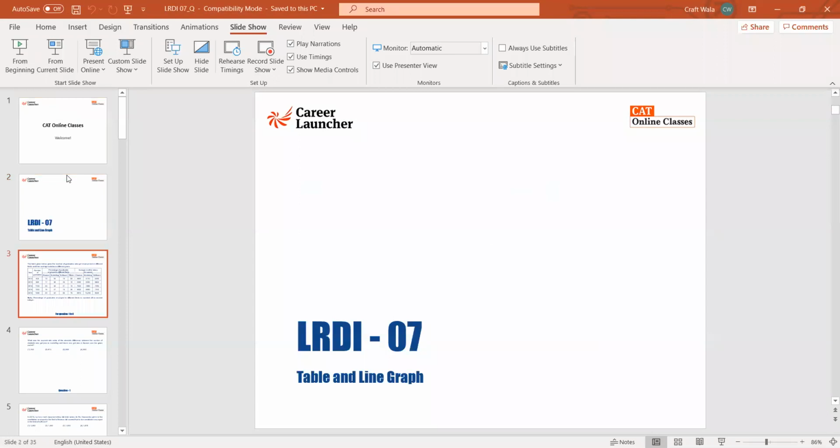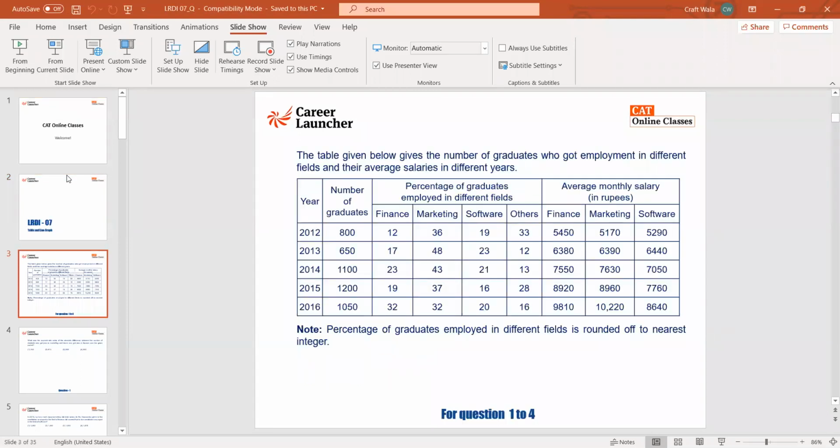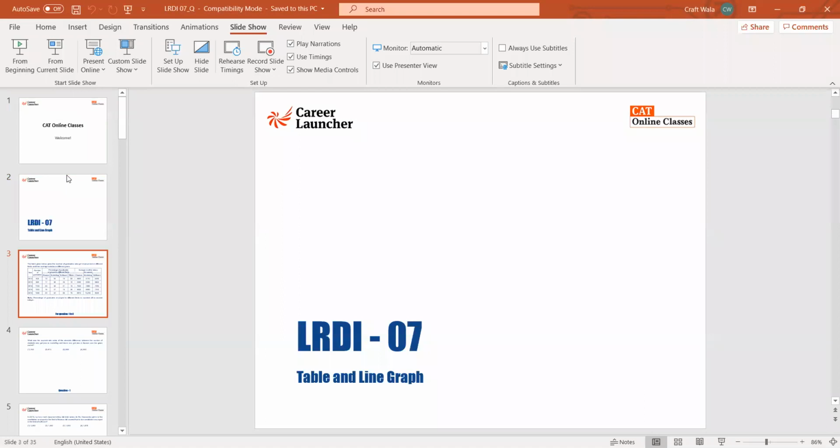So let's start with the exercise. Okay, so today we have table and line graphs.